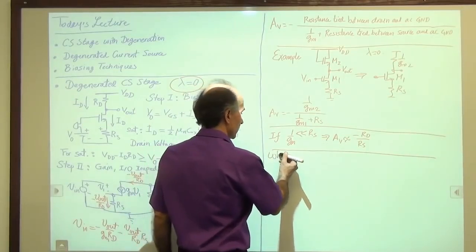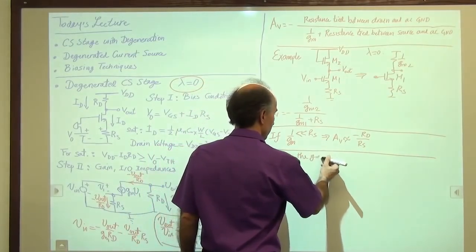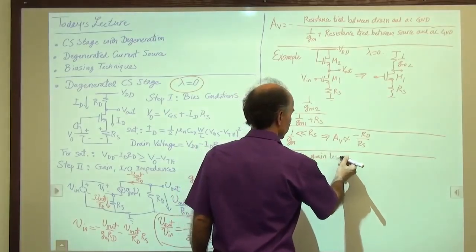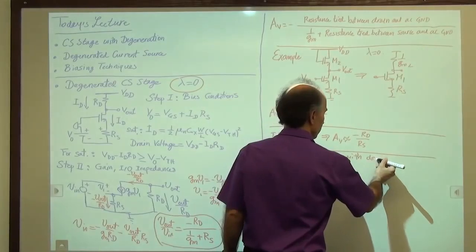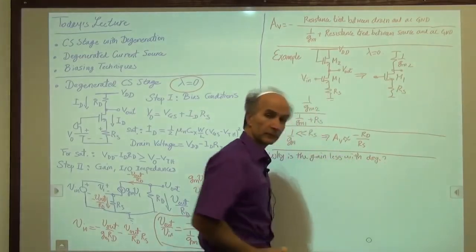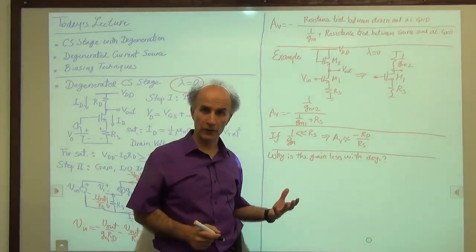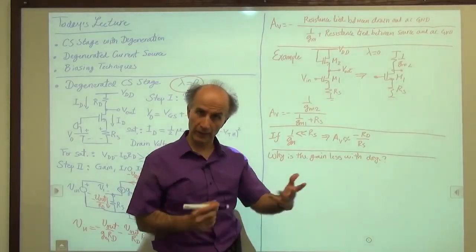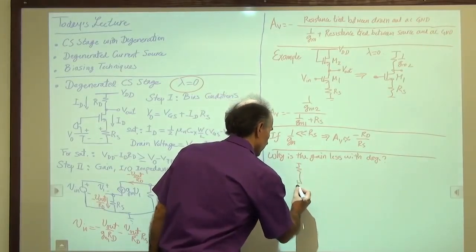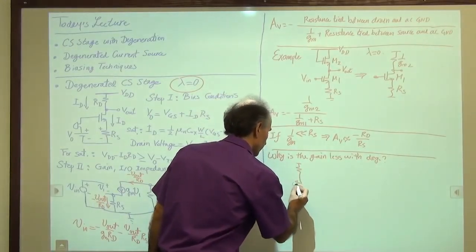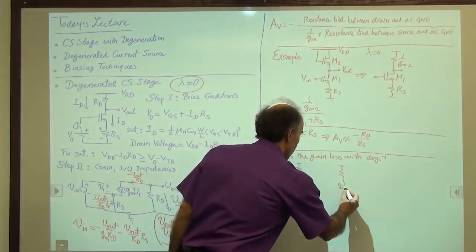Why is the gain less with degeneration? All right. Okay, so I will draw the circuit in two versions, without degeneration and with, and then we'll play with them. So here's the circuit without degeneration. Here's the circuit with degeneration.